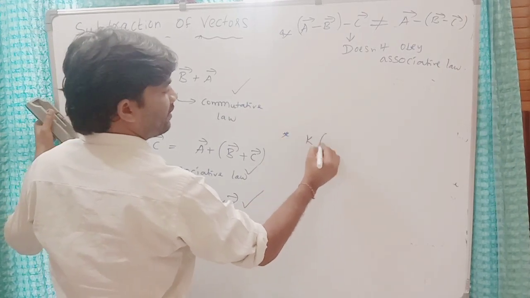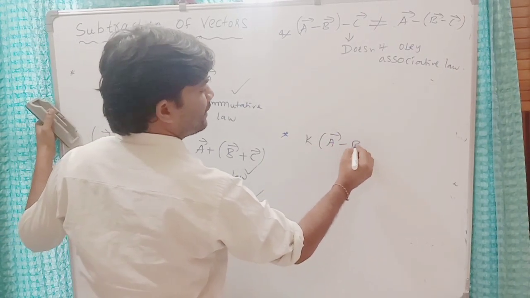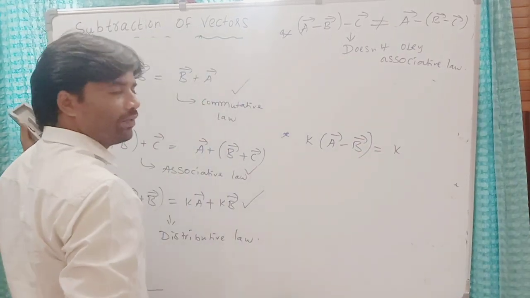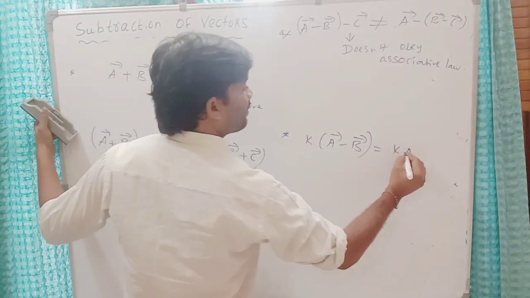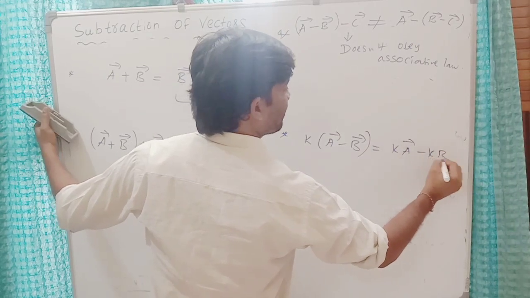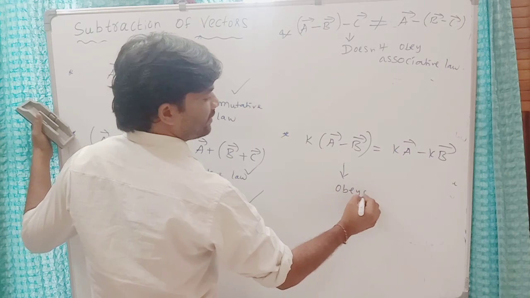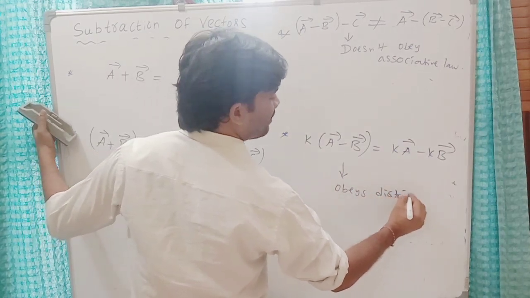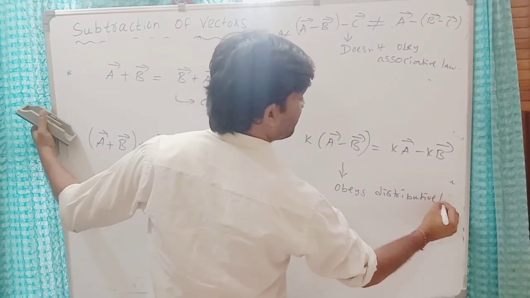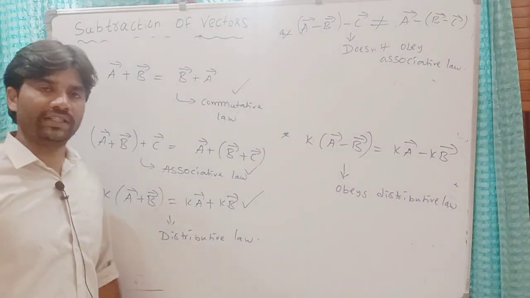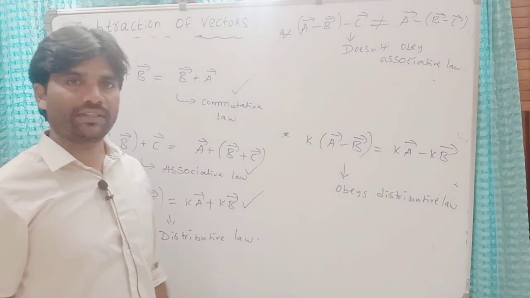The same scalar k times a minus b can be equal to k a bar minus k b bar. It obeys this. It obeys the distributive law. Clear? These are the important things from subtraction of vectors.